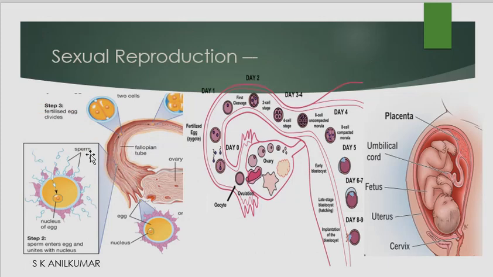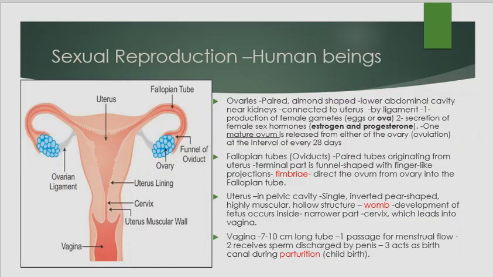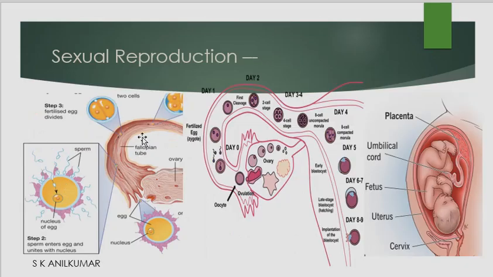That is why some people have a complication. The fertilized egg remains in the fallopian tube but does not come and implant into the uterus. It needs a surgical intervention.